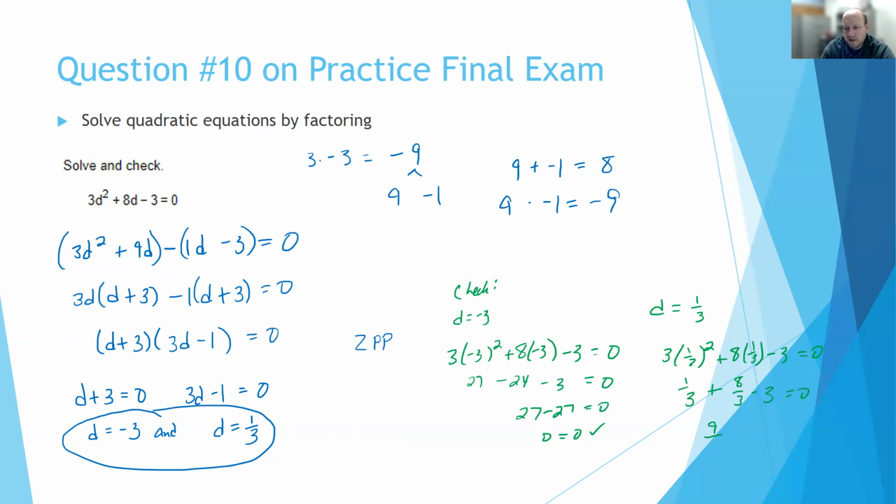So we have basically 9/3 minus 3. Does that equal 0? Well, 9/3 is 3, and then 3 minus 3 equals 0. So that was check. So d equals -3 and d equals 1/3 are your two answers.